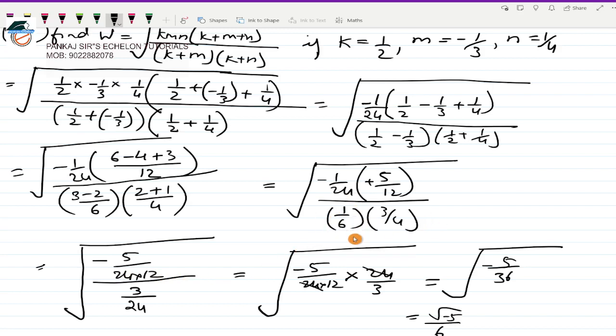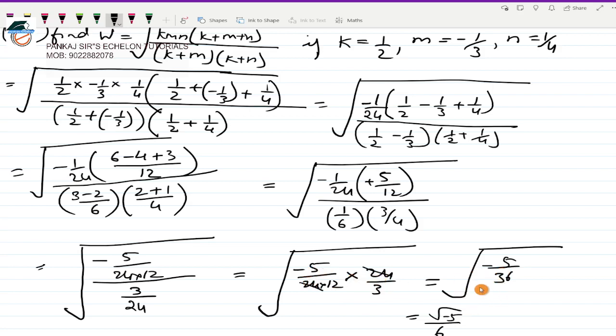Oh, let us see what has happened here. 3 ones are 3 upon 6 fours are 24. That's correct. So it will be root of minus 5. Right. Square root of minus 5 upon 24 into 12 into 24 upon 3. Okay. 12 3s is 36 and minus 5.